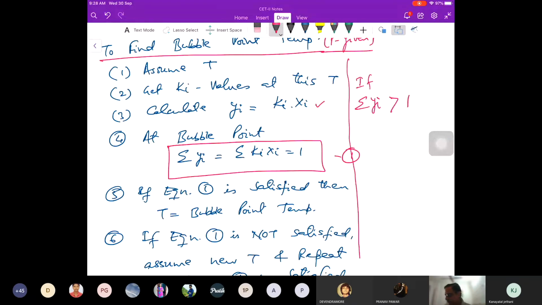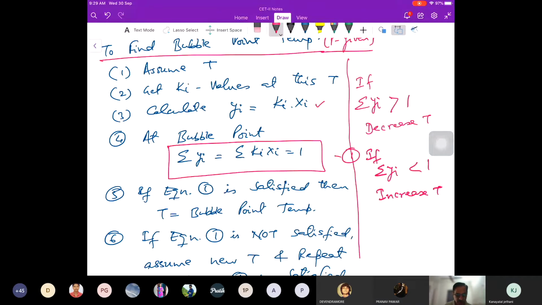Increase करना, decrease? करना कम पड़ेगा, decrease करना पड़ेगा. Decrease temperature, right? And if summation of Yi is less than 1, तो क्या करना पड़ेगा? Increase. Increase करना पड़ेगा temperature, right?